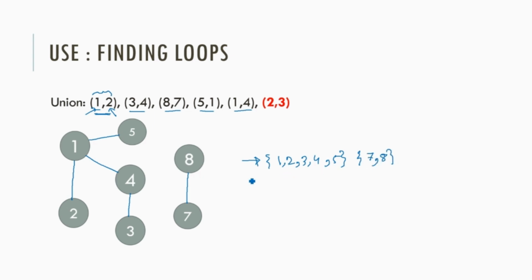Now if we look carefully, we will see that if we perform any union operation between elements of the same set, then it will create a loop. So if we add an edge that consists of nodes from the same set, then it will create a loop. For example, if we add the edge 4, 5, then it will create a loop.